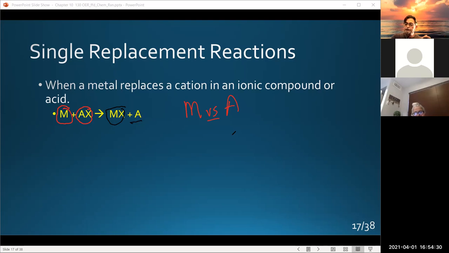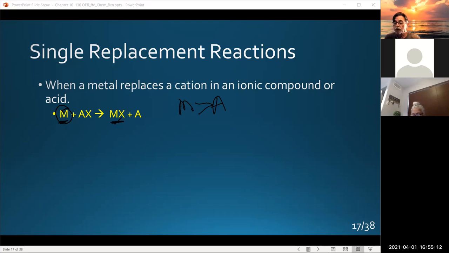We use the activity series here to determine whether this reaction will occur. A very simple question to ask yourself: the way it's written, this tells me that M is more reactive than A, because that means M is not very stable being in an elemental form. It is much more stable being in ionic form, MX.